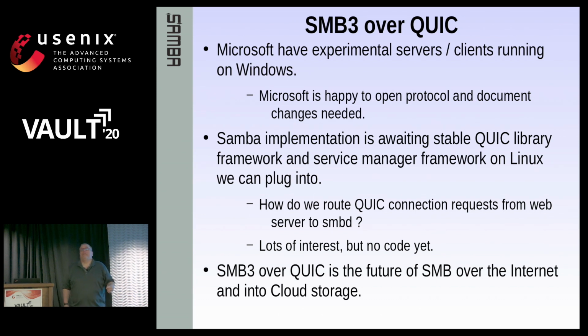Well, the problem is, if you want to do SMB over the internet, and the Microsoft Azure file server allows you to do SMB3 over the internet, encrypted, secure, et cetera, the problem is a lot of ISPs block port 445, which is what SMB uses to connect. So SMB over QUIC, which they're happy to open, how they've done it, they're happy to document, will allow SMB to become a real internet file serving protocol because it will be impossible to block because it's running over HTTPS port 443.